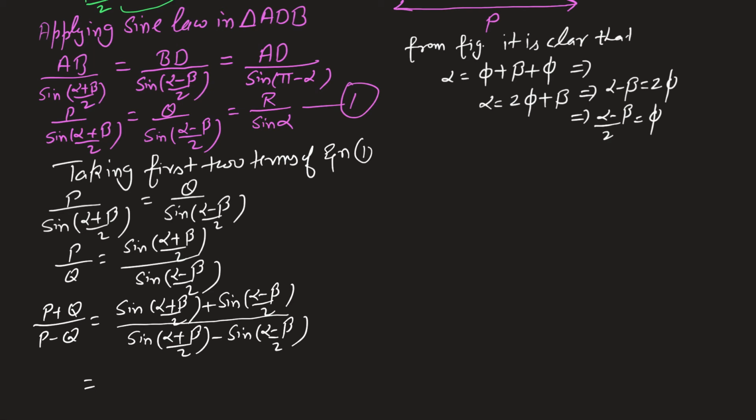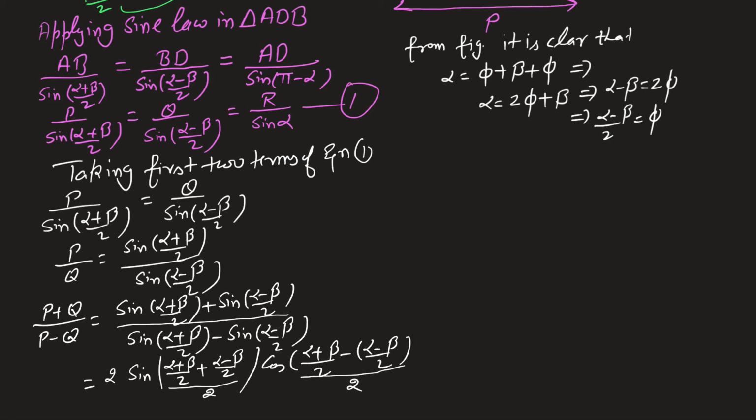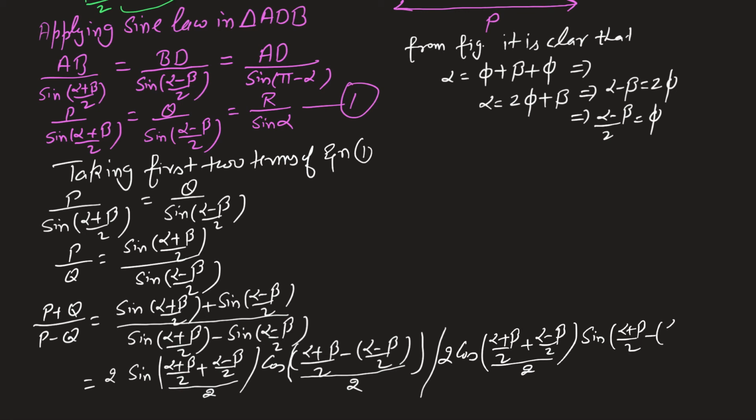This is further equal to, now applying the sine formula, 2 sine of (alpha plus beta by 2 plus alpha minus beta by 2) divided by 2, cos of (alpha plus beta by 2 minus alpha minus beta by 2) divided by 2, over 2 cos of (alpha plus beta by 2 plus alpha minus beta by 2) divided by 2 into sine of (alpha plus beta by 2 minus alpha minus beta by 2) divided by 2, and the brace is closed.